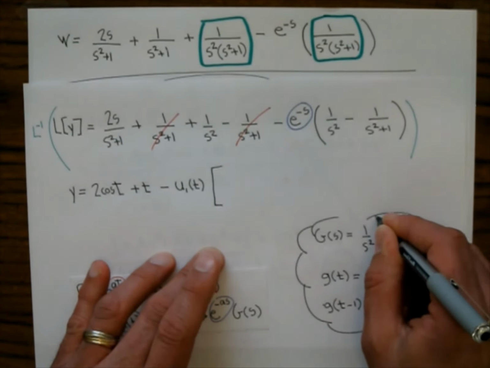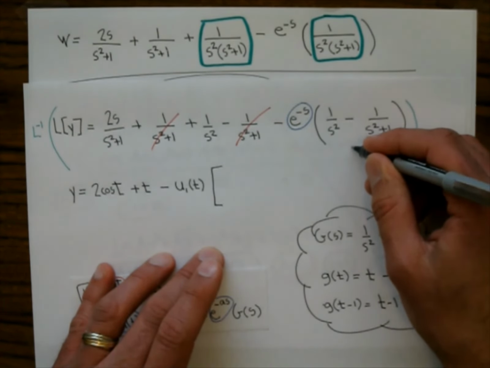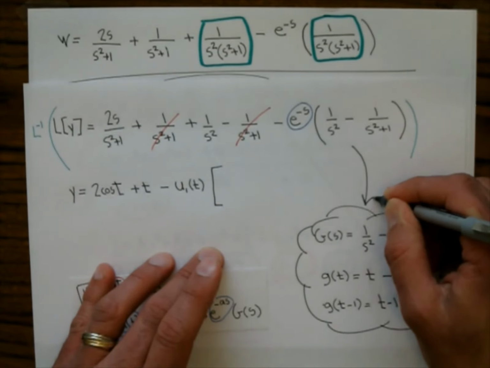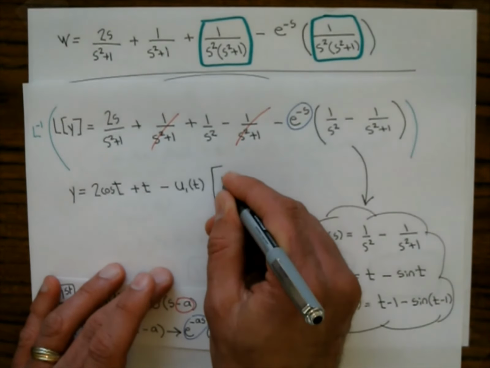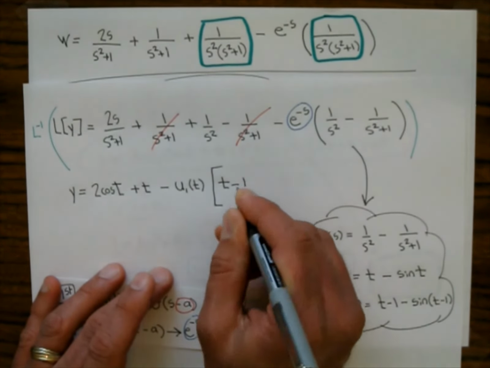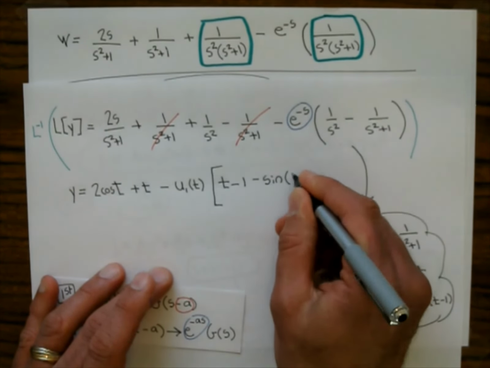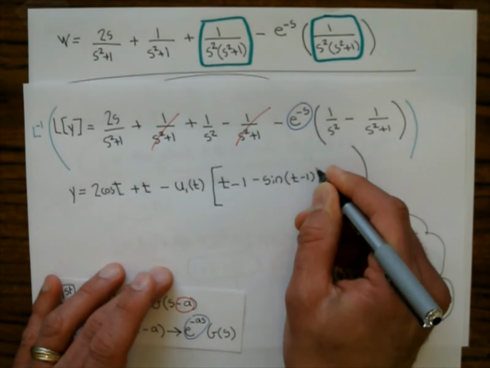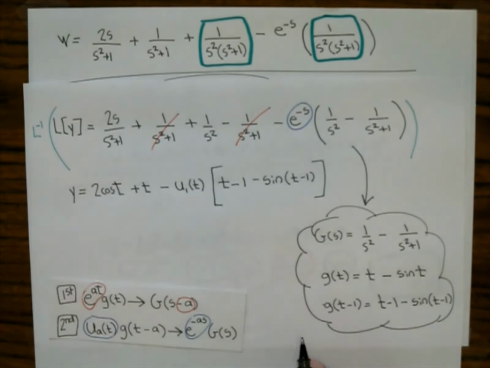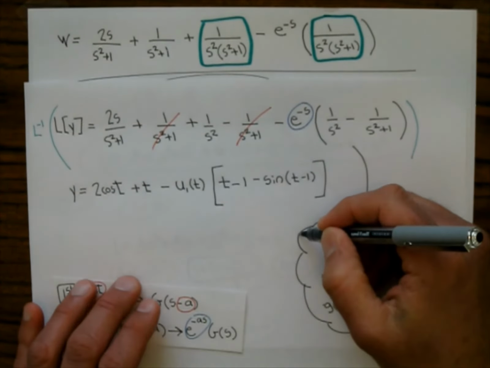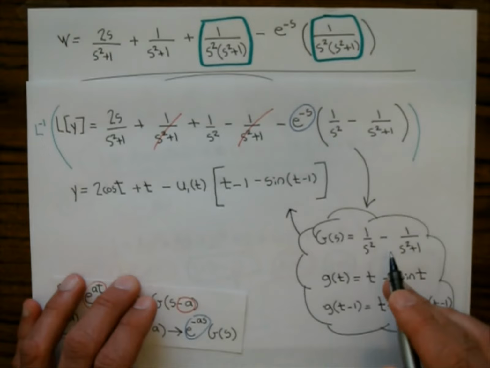This is me coming across the river, and I was doing the inverse transform there, and I ended up getting t minus 1 minus sine of t minus 1, and there it is. Wow. So that finishes the problem. And so we've jumped out of that cloud, and that helped us get across the river.